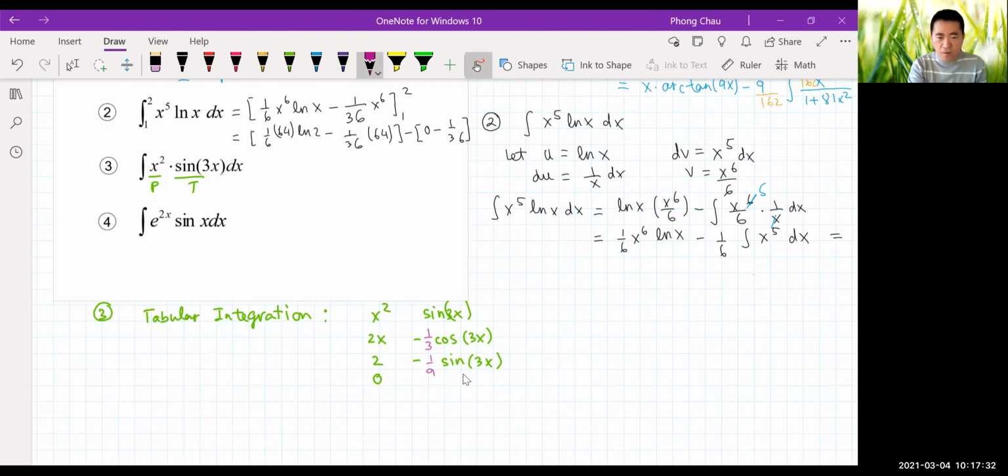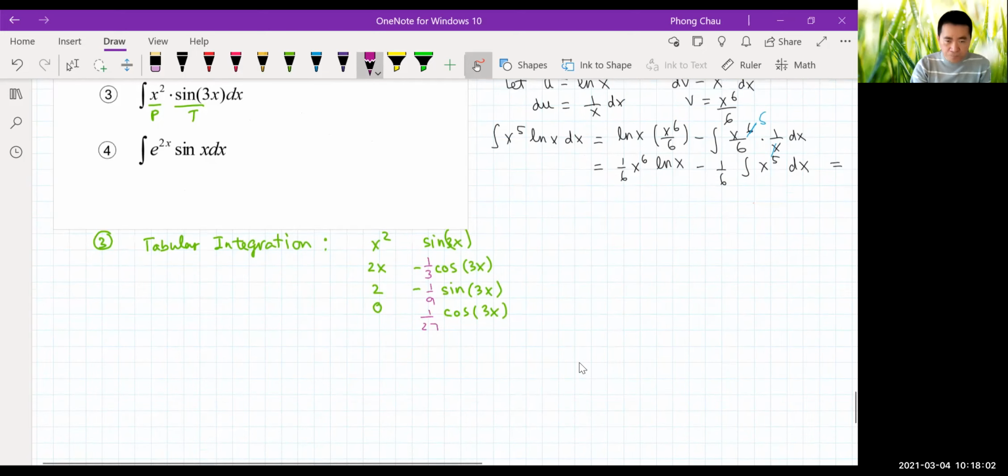And you continue with the antiderivative of sine, which is negative cosine, and so it turns into a positive cosine of 3x. But this time, again with 1/9, you have an extra 1/3, so it becomes 1/27.